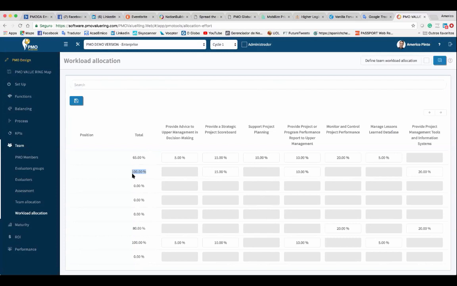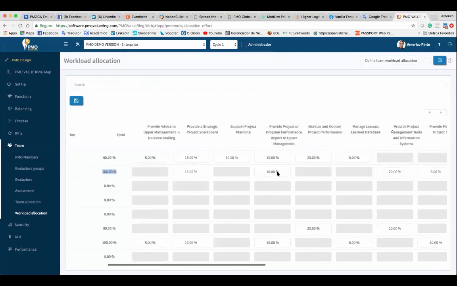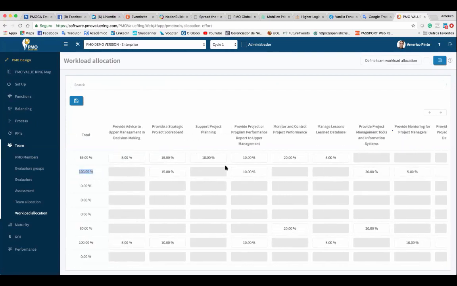So again, what we are trying to do here is to help you when you need to understand how many people you need at your PMO. So the workload allocation means that you will say how many hours in terms of percentile each person will work in each function. Again, what is a FTE, the full-time equivalent?